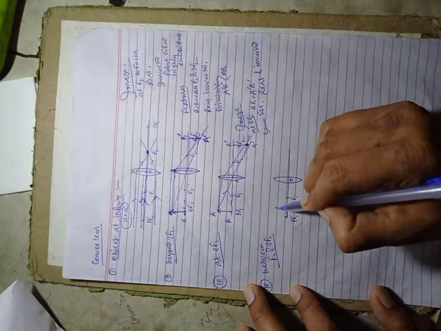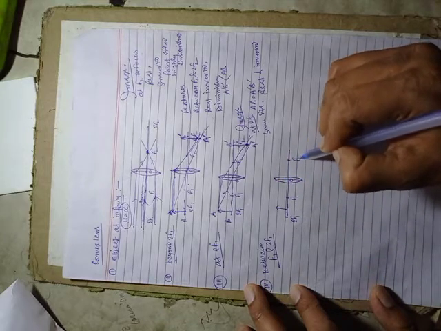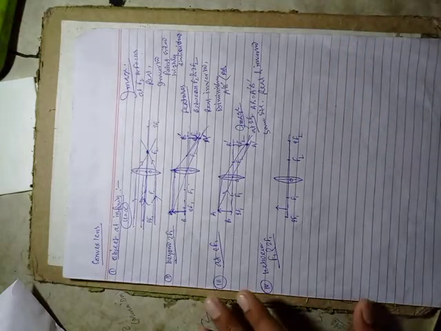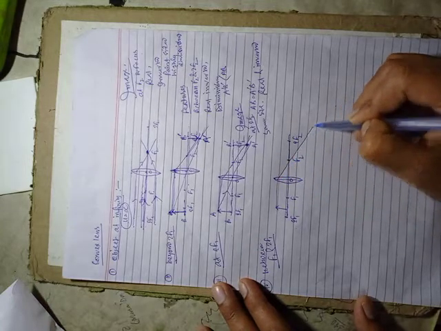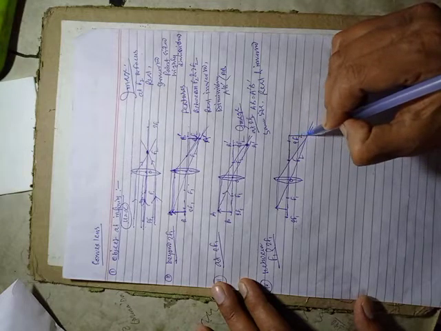The object will be anywhere between these two, that is the axis, f2 to f2. In this case the image will form here; one ray passes through f2 and another passes through the optical center. Here is the exact picture I have drawn.